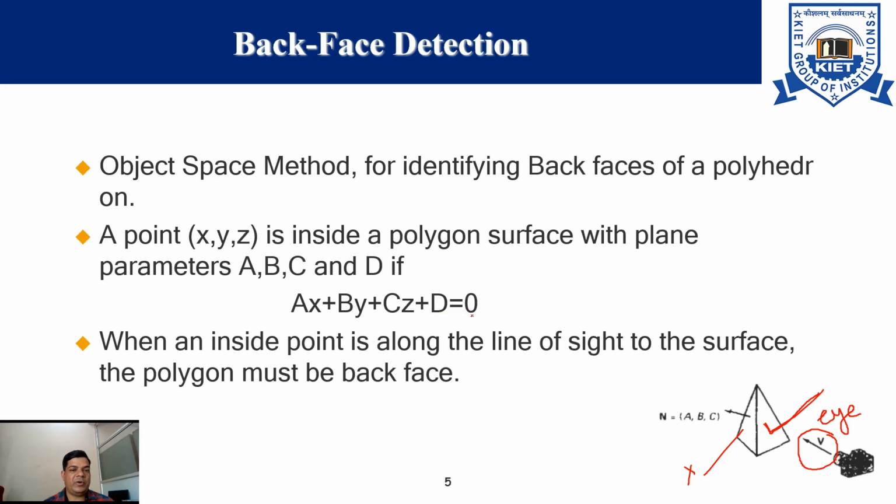When an inside point is along the line of sight to the surface, the polygon must be back facing.